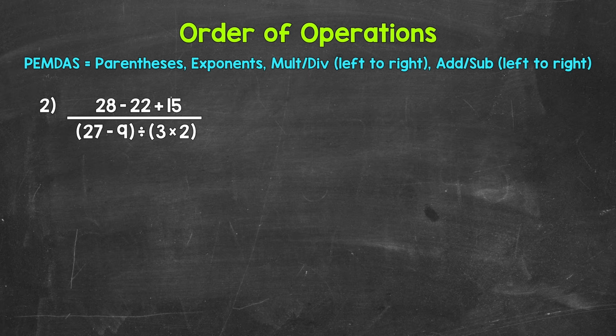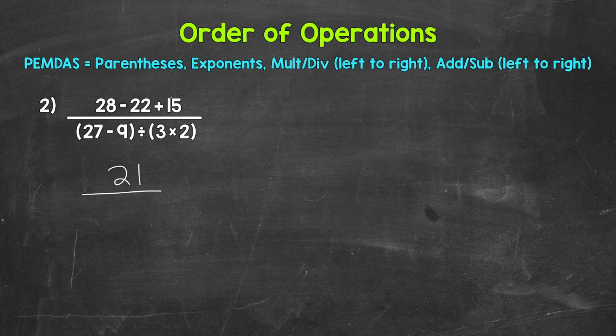They are the same priority. That means we work from left to right. So working from left to right, we have subtraction first here. So 28 minus 22. That gives us 6. Then we have plus 15. So 6 plus 15, that gives us 21. So 21 is the numerator.